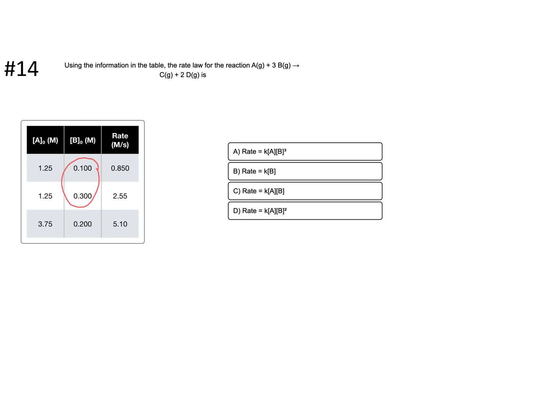So for B, I want to use experiment, all right, if this is experiment 1, 2, and 3, I'm going to use experiment 1 and 2. So for the impact of B, I've got 0.3 divided by 0.1 raised to the n equals, my rate is 2.55 divided by 0.85.